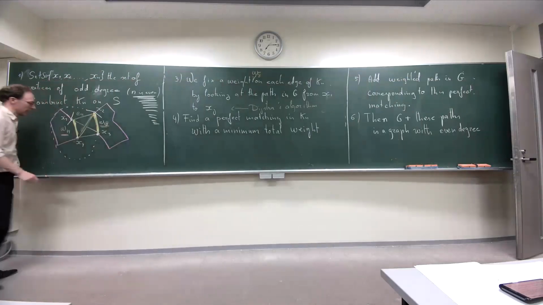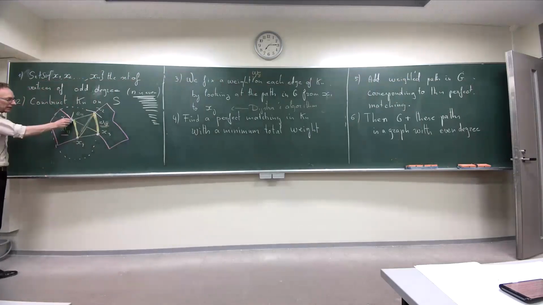Look, in a sense, I add this edge, but I add this path really because look, I had an odd degree here, and I add one more edge, and at this point, I add 2 edges, so the degree which was even is not changed.